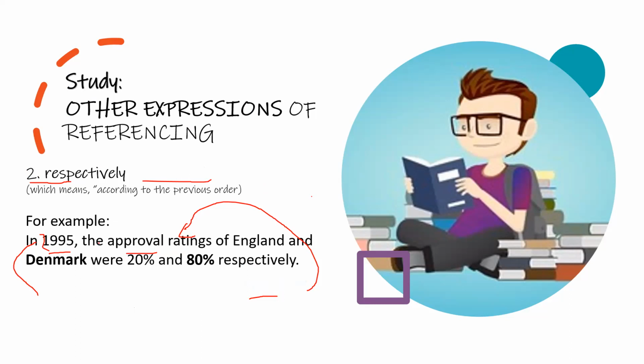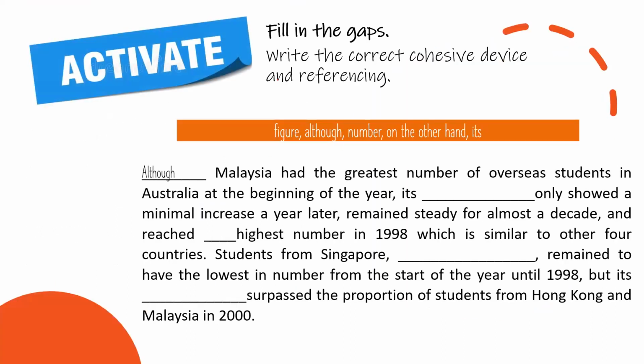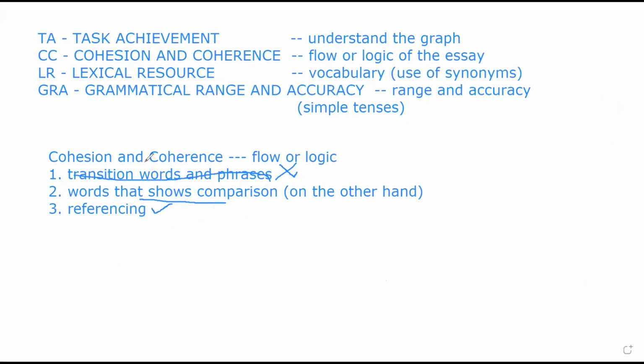So we have England and Denmark, with 20% for England and 80% for Denmark respectively. So we use respectively instead of repeating the names. That's how we deal with cohesion and coherence. We have words that show comparison, and referencing.